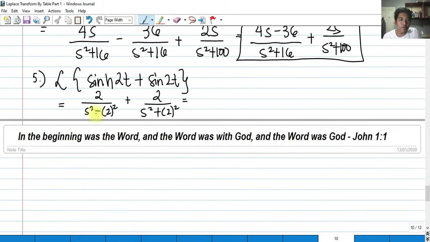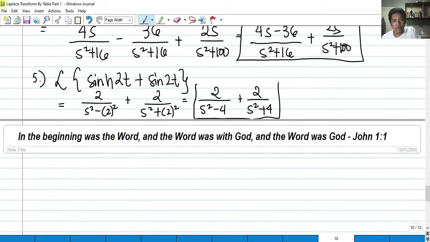The denominator for hyperbolic sine should be negative or minus, and for the sine, that is positive. So we have 2 over s squared minus 4 plus 2 over s squared plus 4. And that should be our final answer for this problem.